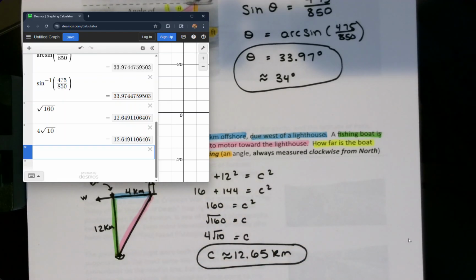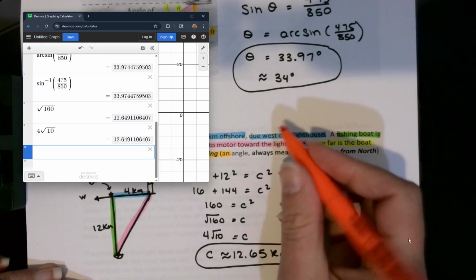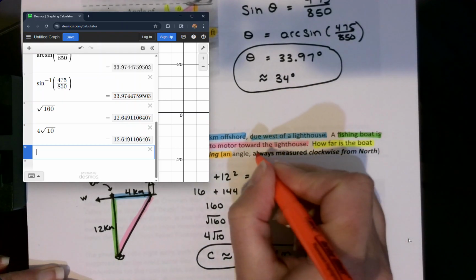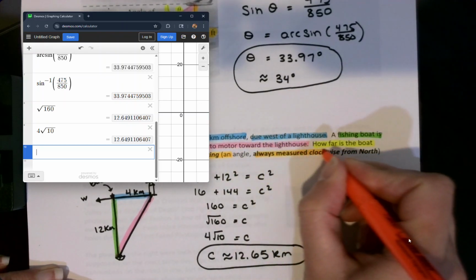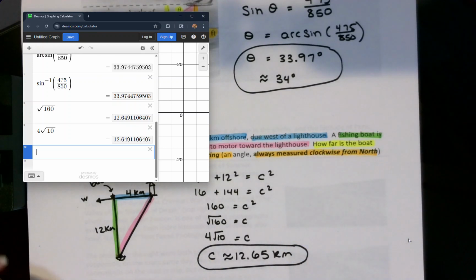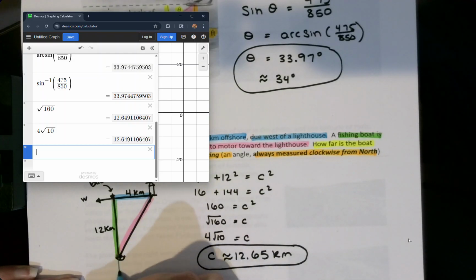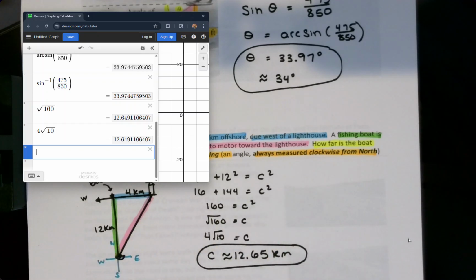Now, bearing. Bearing is not actually looking for, well, let me try to figure out what the angle is here. Bearing is an angle that's always measured clockwise from north. So if I think about where this boat's north would be, so we have north, south, east, west from the boat.